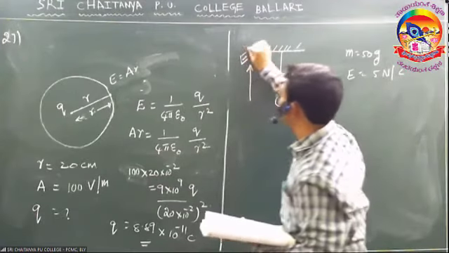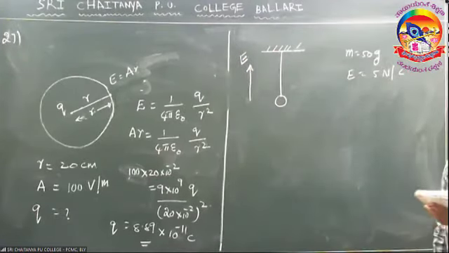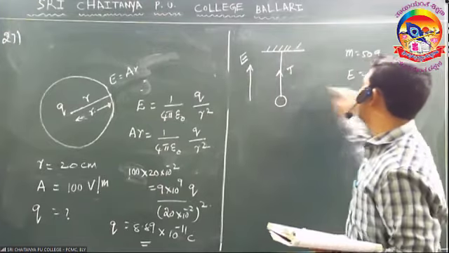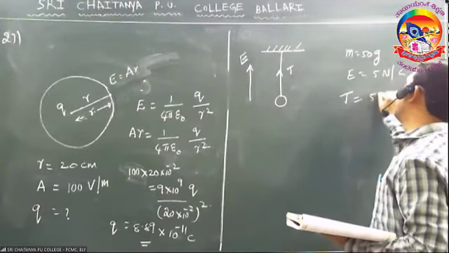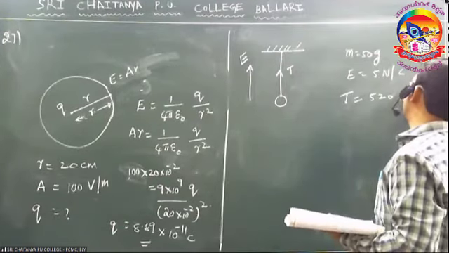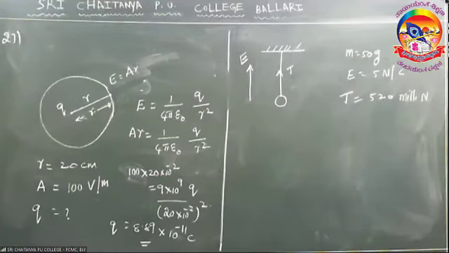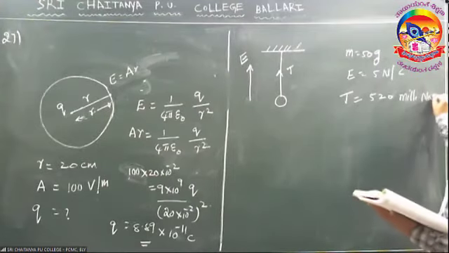This E is acting vertically upward. If the tension in the string is 520 millinewton, the charge on the sphere is what?